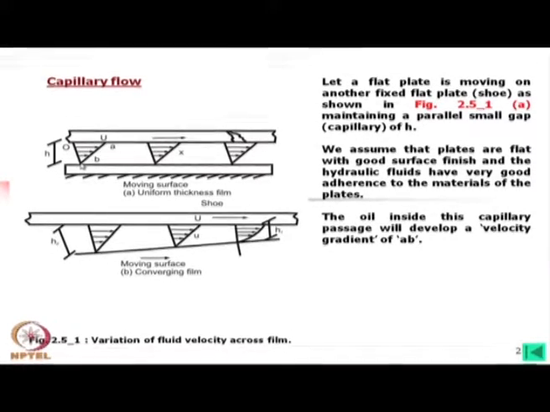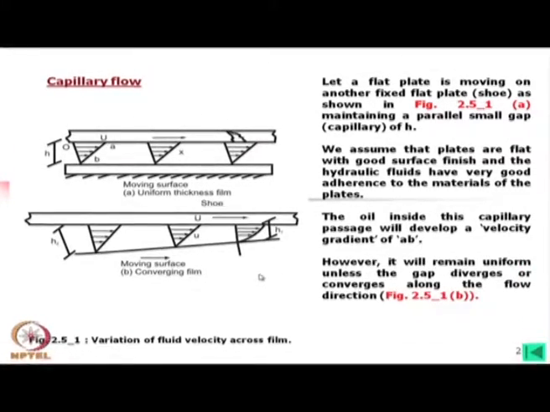So, if I take a point on the oil bottom layer, it is touching here and this point is not moving, whereas in the upper layer the point O has moved to A. So, there is a velocity gradient. However, it will remain uniform unless the gap diverges or converges along the flow direction.